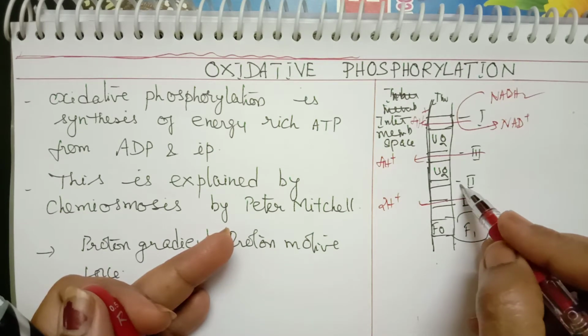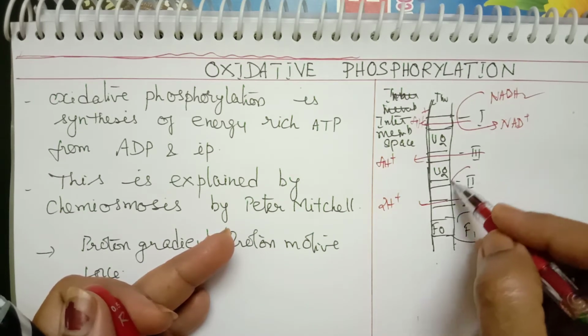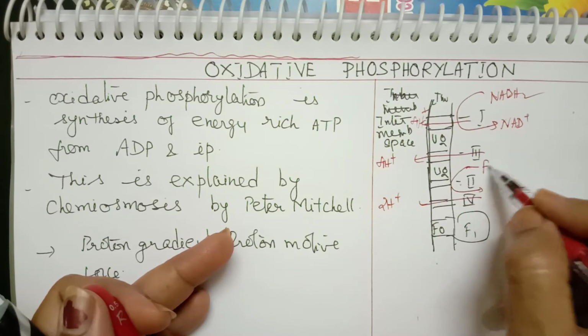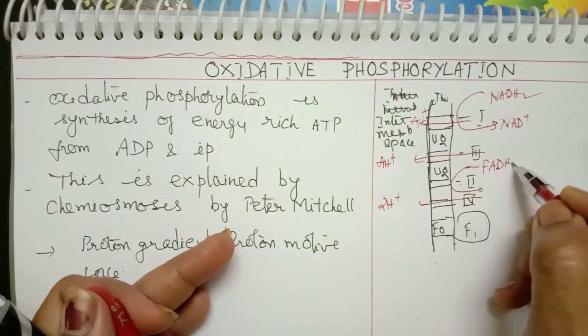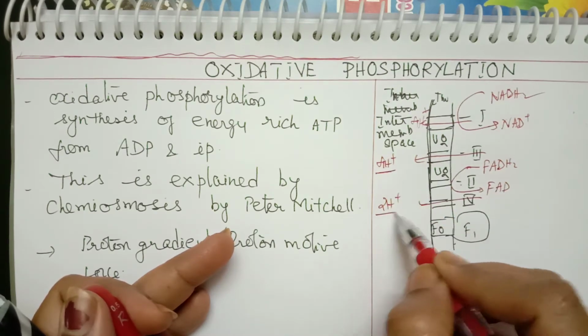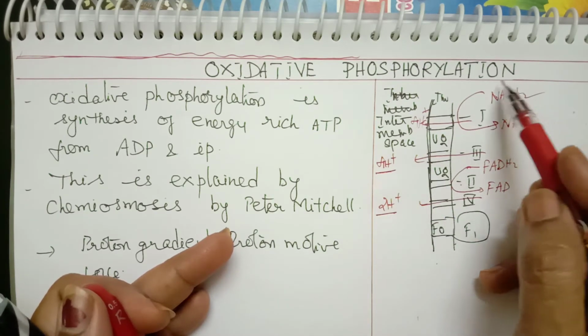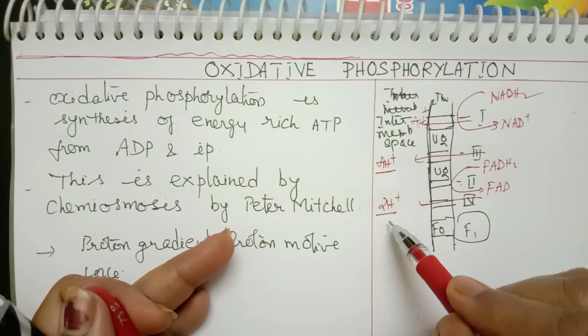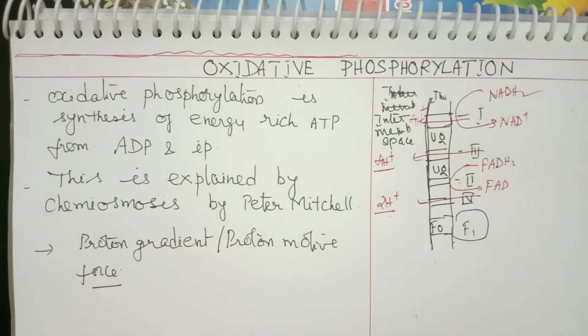When FADH2 is oxidized, it is oxidized through the second complex, so there is accumulation of 6 protons, whereas for NADH2 there is accumulation of 10 protons.